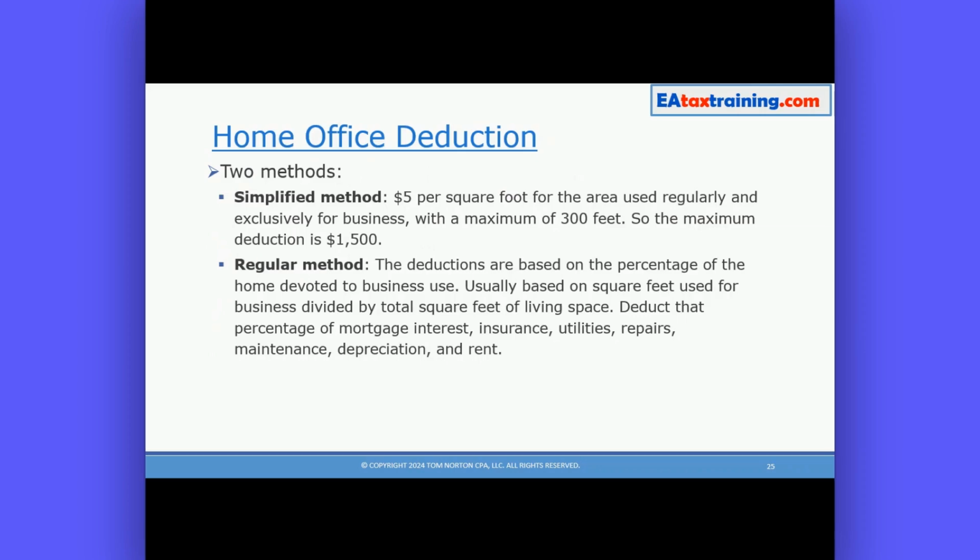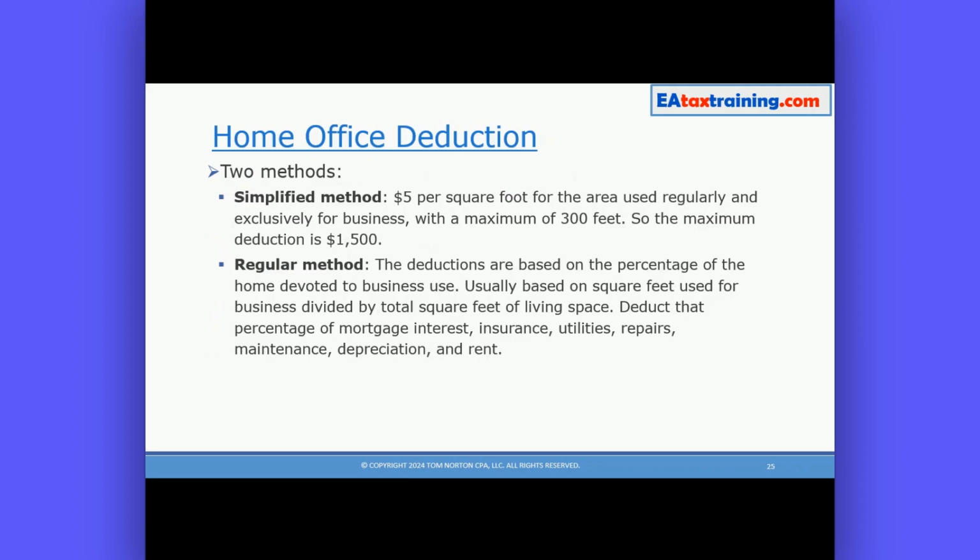Simplified method is $5 per square foot for the area used regularly and exclusively for business, with a maximum of 300 feet. So the maximum deduction each year is $1,500. The regular method is more complicated and requires more paperwork and documentation, but can result in a larger deduction than $1,500.